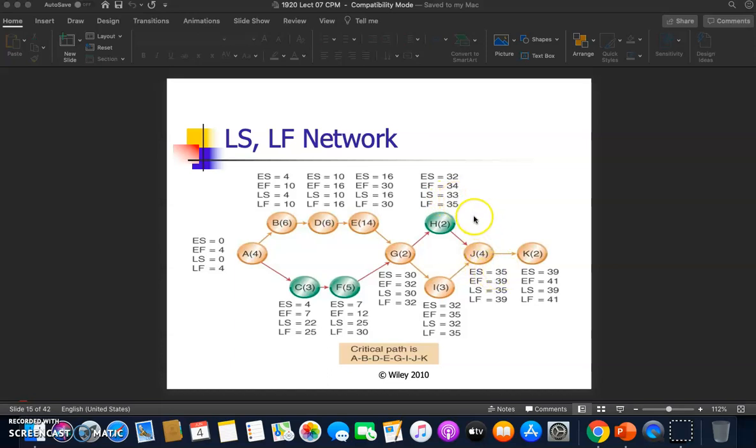So 35 minus 2 weeks, and we got latest start at week 33. So latest finish 35. So we plus 33 plus 2, and we got latest finish at week 35. I hope you understand this definition of earliest start, earliest finish, latest start, latest finish. Try to understand this diagram.